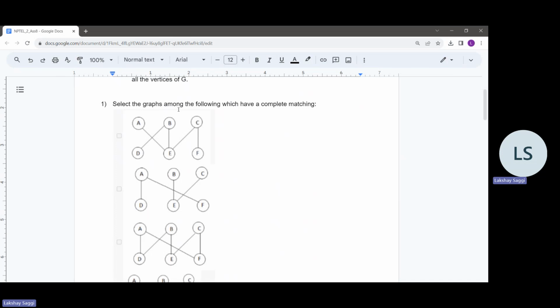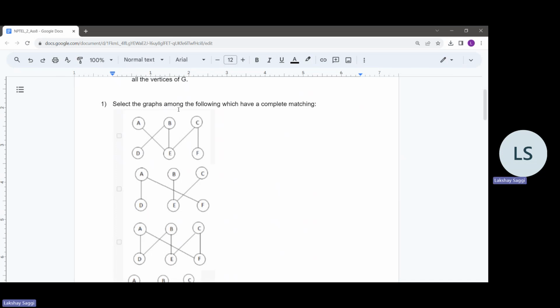And if you want to show that a graph does not have a complete matching, then we need something more refined, which is Hall's theorem, which has been discussed in previous weeks' lectures. I would recommend that if you have not watched that, you should see Hall's theorem and its proof, because I don't think I'll be able to cover it in this session; that in itself will take a lot of time.